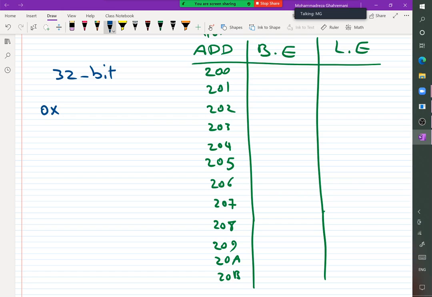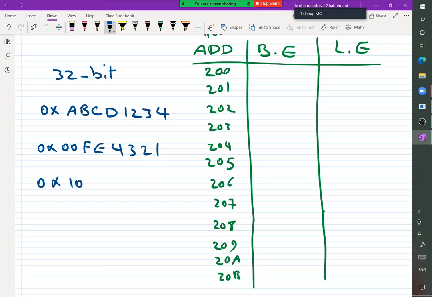So the first one is A, B, C, D, 1, 2, 3, 4. The second one is 0, 0, F, E, 4, 3, 2, 1. And the third one is 10.